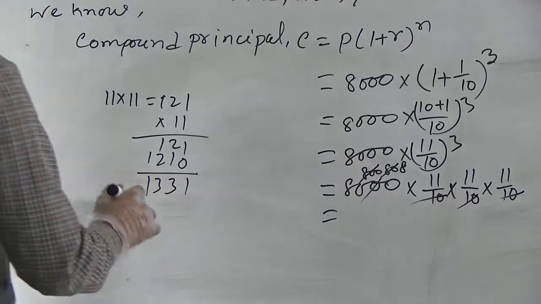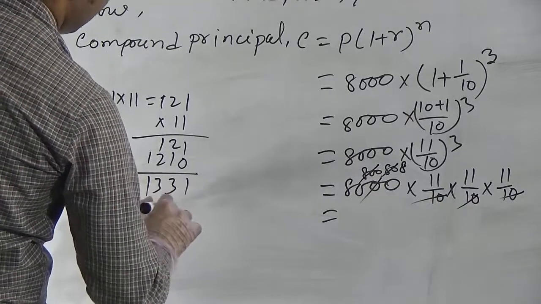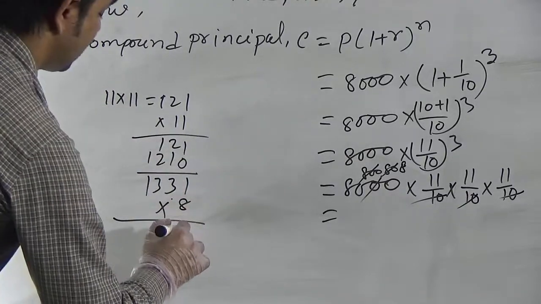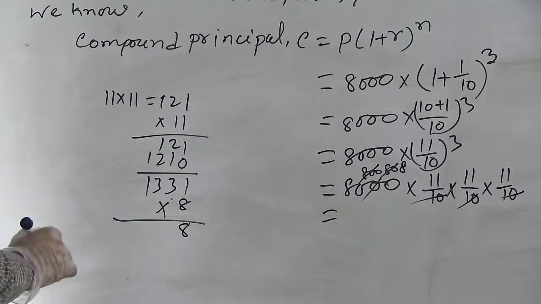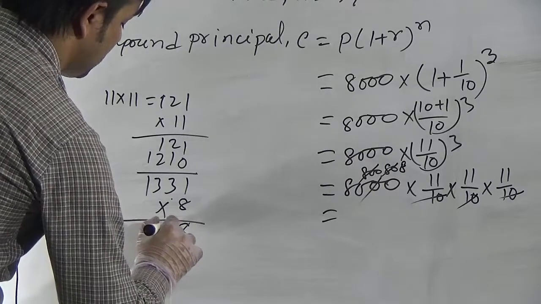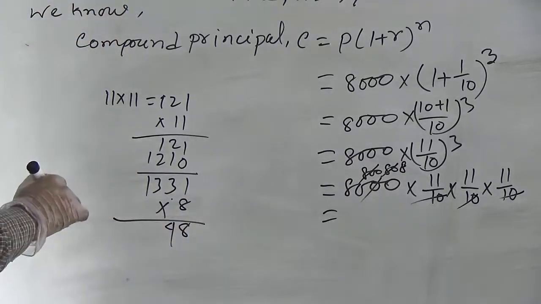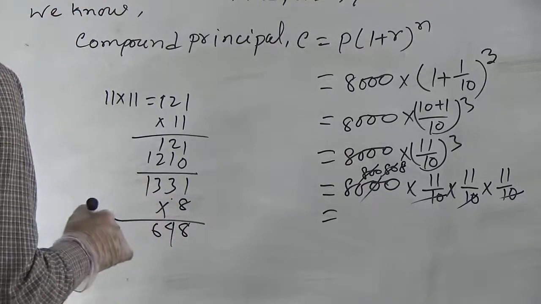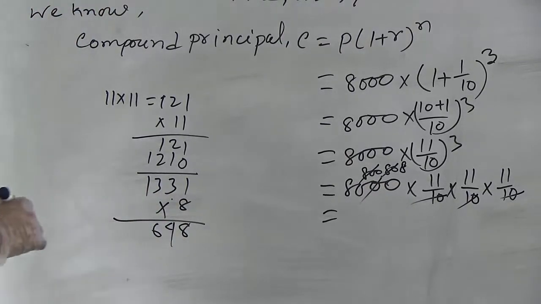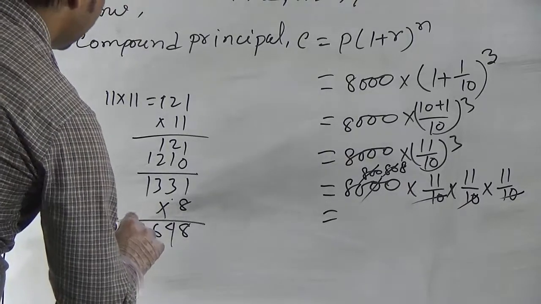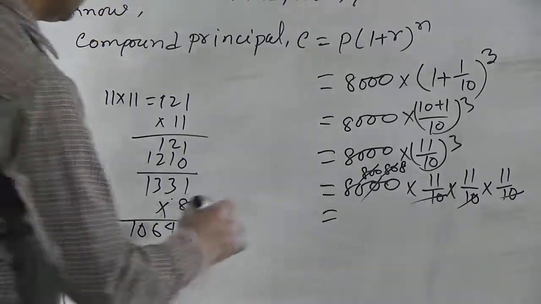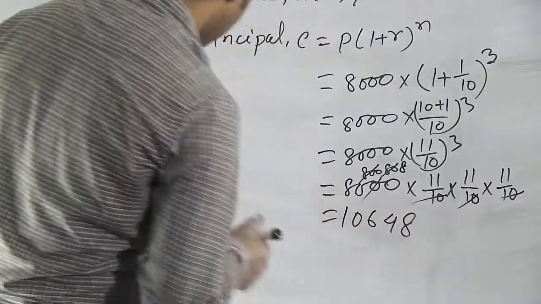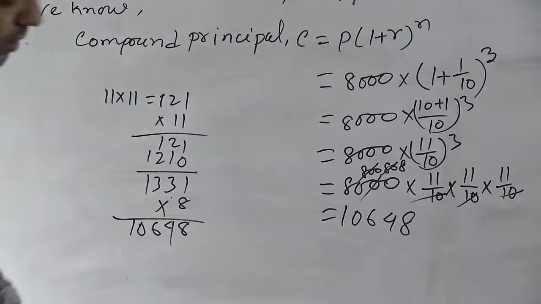Now we have to multiply this by 8. 8 ones are 8, 8 threes are 24, 4 here, so 2 left, 8 threes are 24, 26, 4 here, so 2 left, 8 ones are 8 and 2, 10, so we can say 10648.